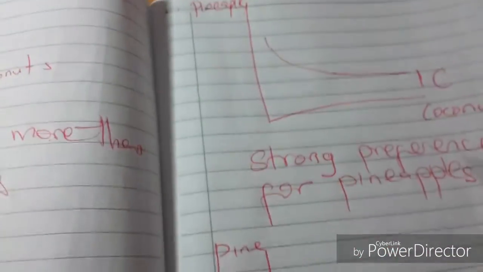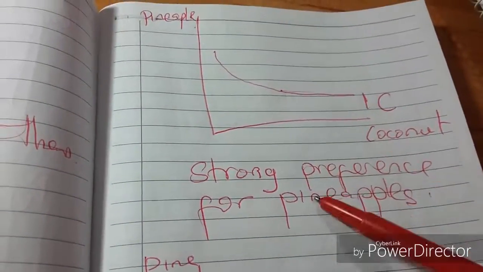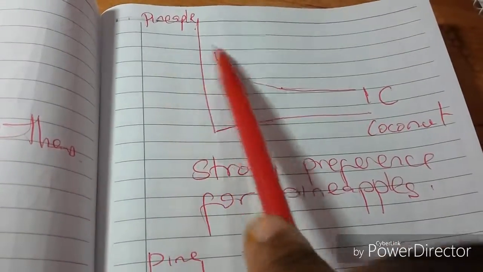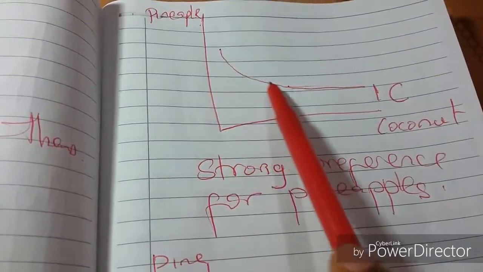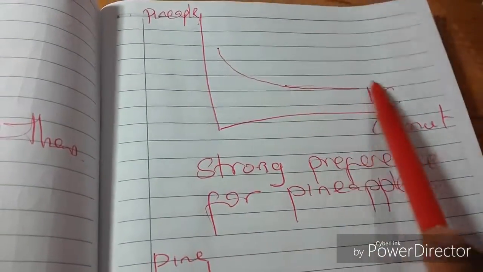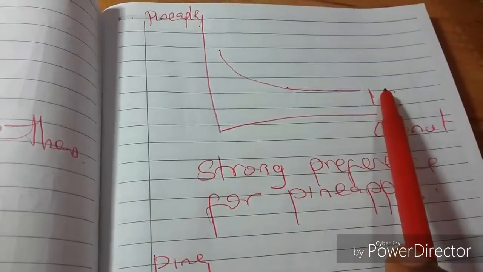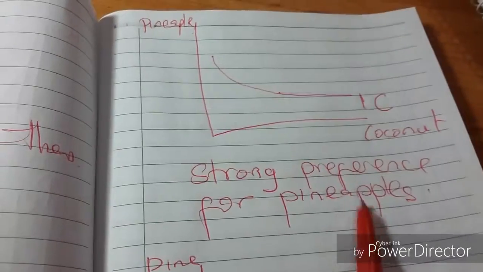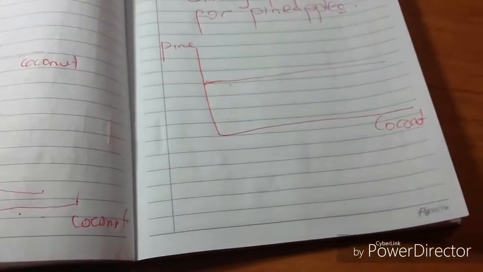When you have strong preference for pineapples and little preference for coconuts, it's also shaped this way, but slightly slanting, almost horizontal but slightly steep. It's almost the same shape as the strong preference for pineapples.